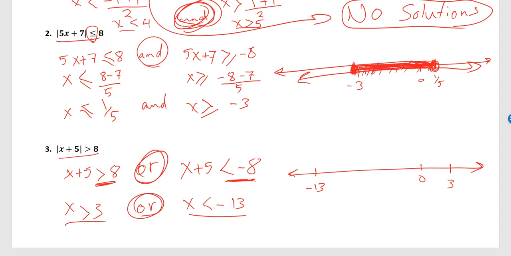Okay, so open circle at 3, and x is whatever is greater than 3. And then open circle at minus 13, and x is whatever is less than minus 13. And this is my answer. It is both of these regions. Okay, this is my solution.